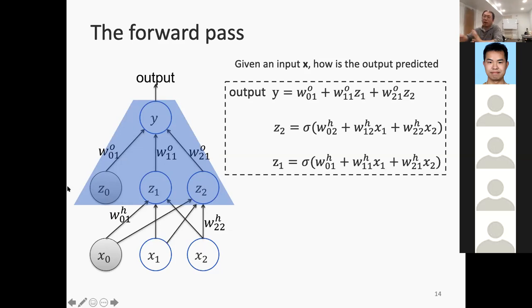So now I want to ask, if I have another output, like I have 2 output neurons, will Z0 be multiplied with the same weight, W0O?